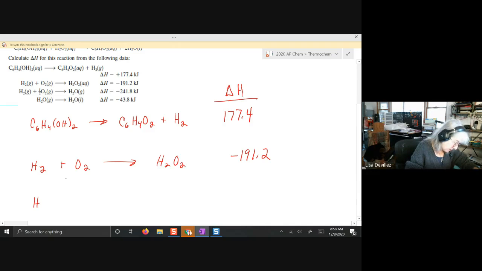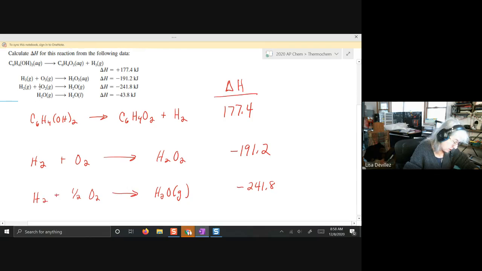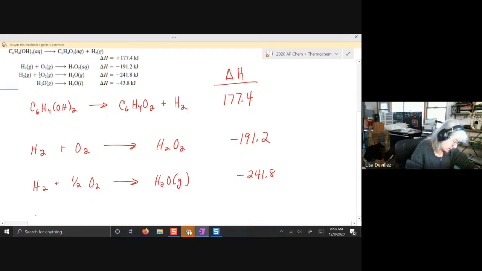So this one, H2 + 1/2 O2 → H2O gas is minus 241.8. And then H2O gas → H2O liquid, and I get minus 43.8.